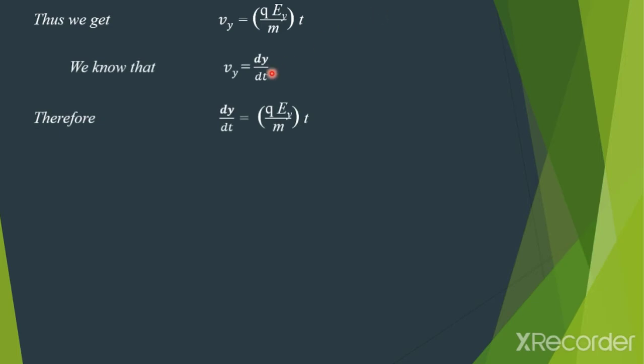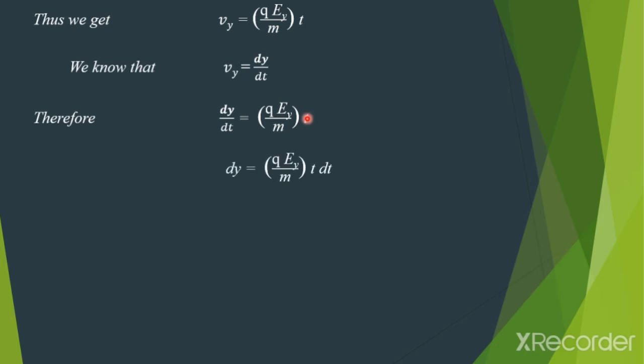Now we know that vy, the velocity along the y-axis, is equal to the rate of change of displacement along the y-axis with respect to time, that is dy by dt. Therefore by putting this value here we get dy upon dt equal to Q Ey divided by m into t.